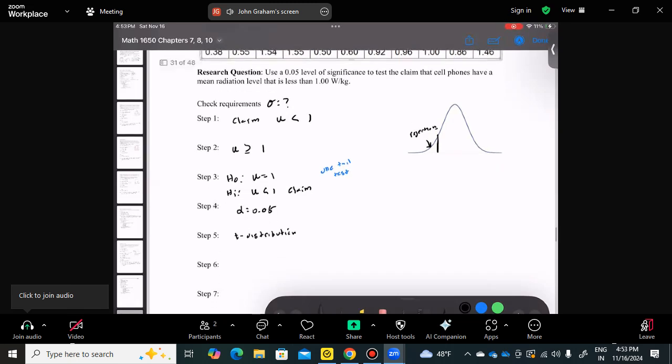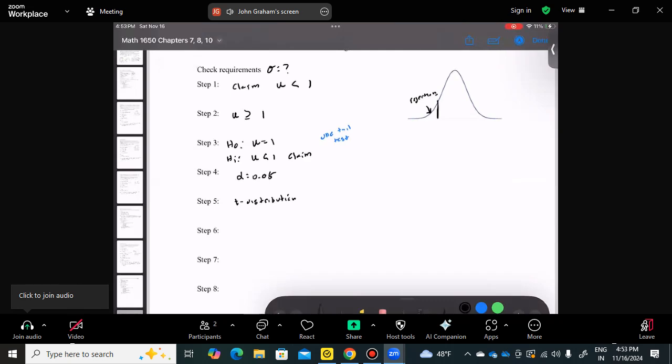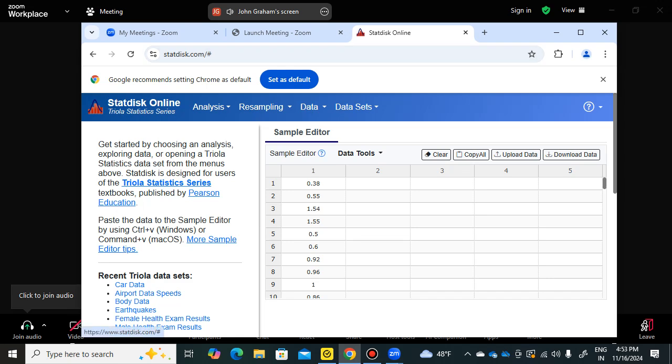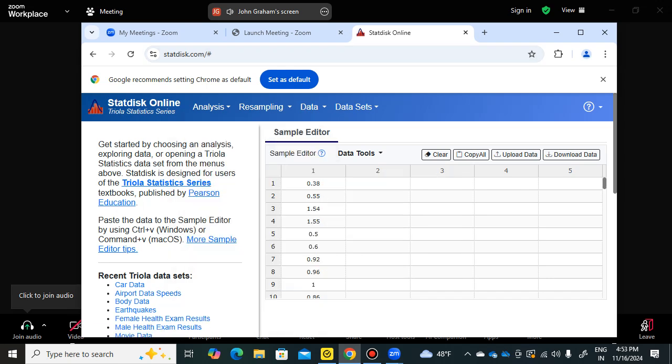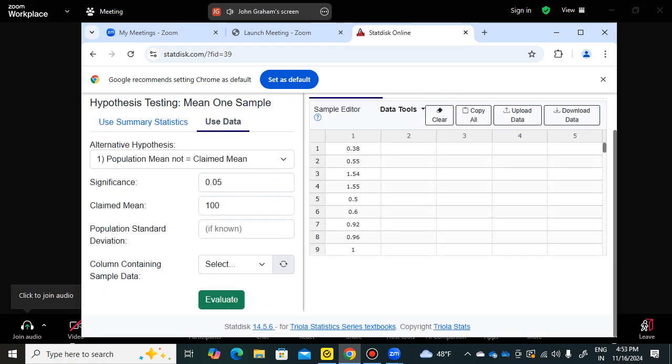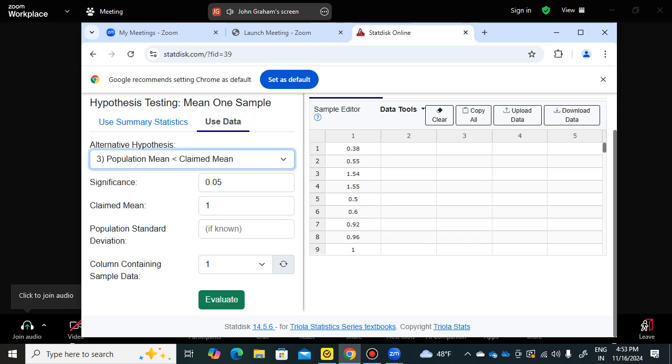And again, we have the data, so let's find the test statistic now. So we'll go to analysis, hypothesis testing, mean one sample, use data. So we'll select the column 1. Significance level is 0.05, so that stays the same. Claim mean is 1, and we're doing an alternate hypothesis that is less than the claim mean.